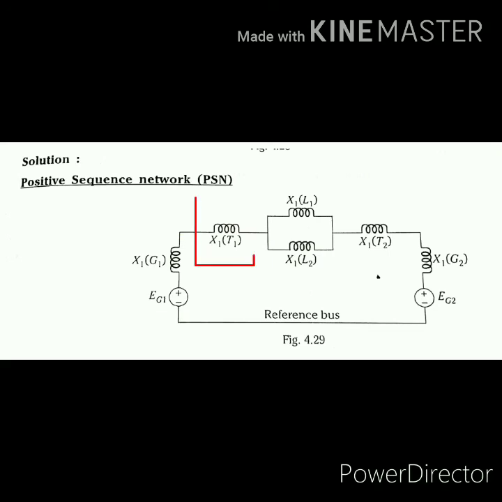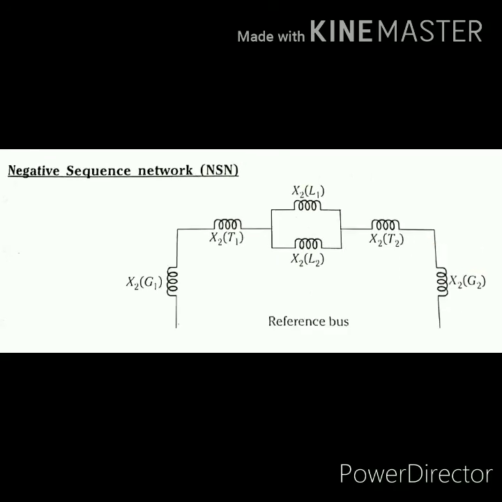Then you have a transformer X1 of T1. You have two lines in parallel, X1 of L1, X1 of L2. Then you have transformer T2, X1 of T2. Then you have generator G2, X1 of G2 along with the EMF source EG2. For negative sequence network, you have to avoid the EMF source EG1 and EG2.